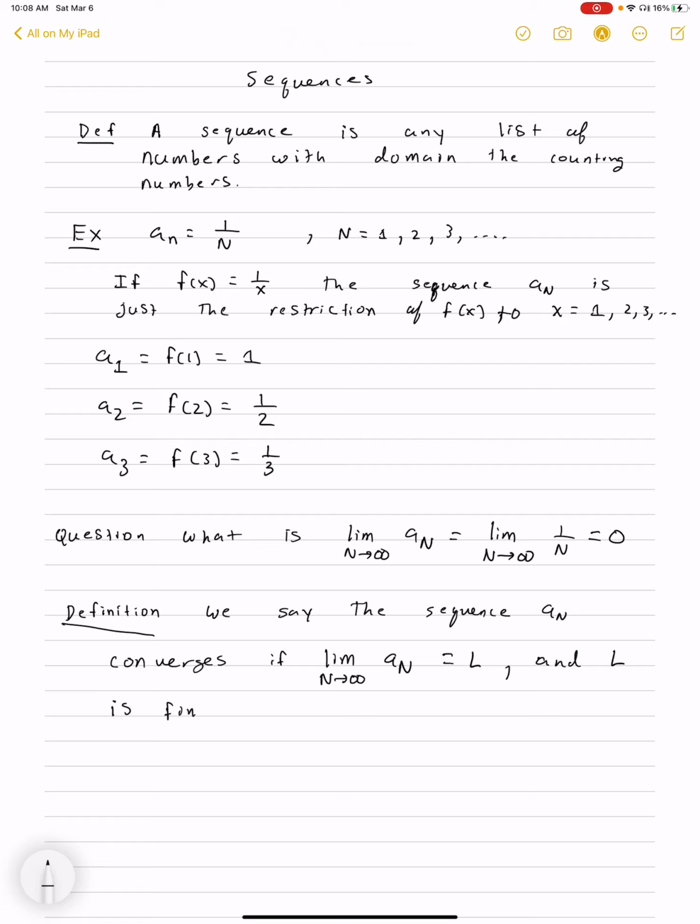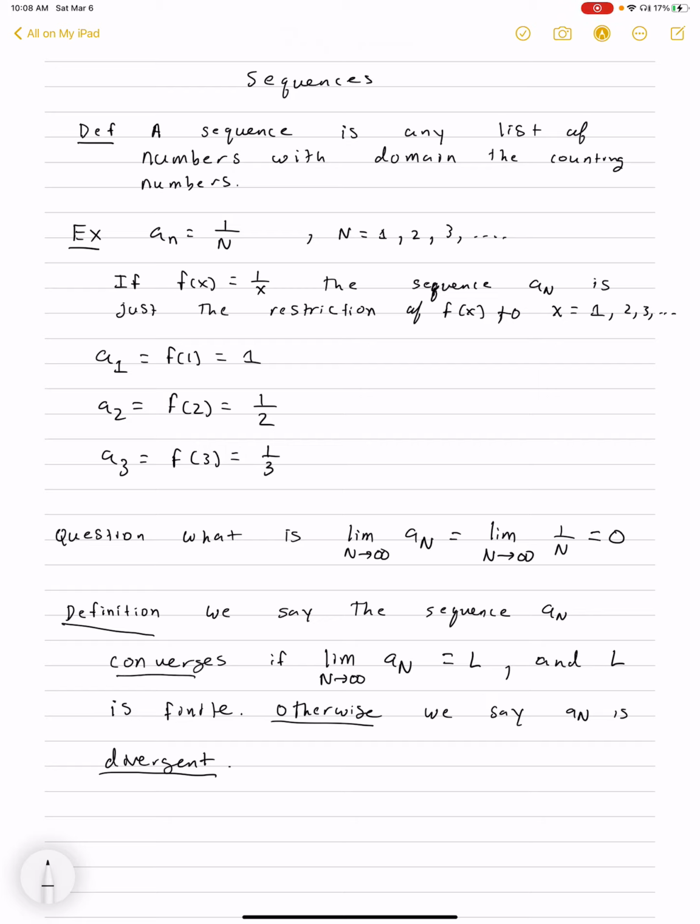So in this example that I gave of a sub n being 1 over n, this sequence converged. Otherwise, we say a sub n is divergent. So a couple keywords, convergent and divergent, boils down to computing the limit of the sequence.